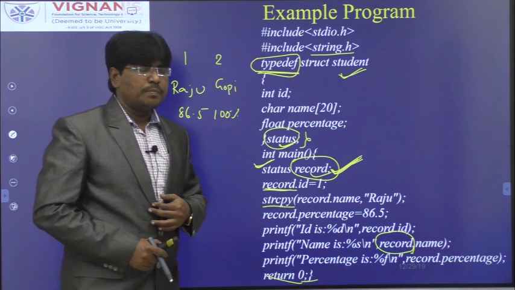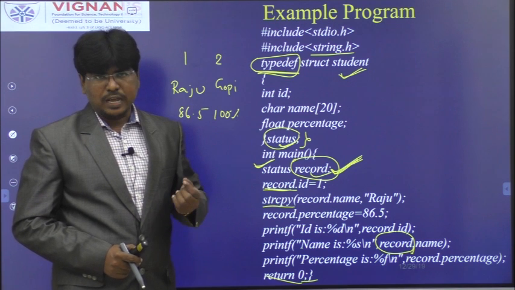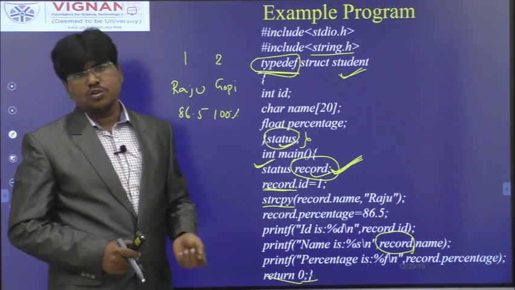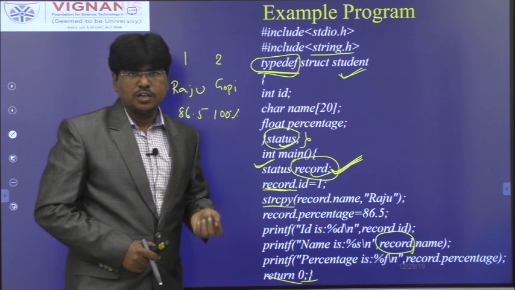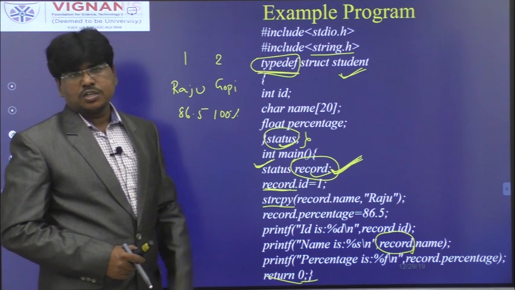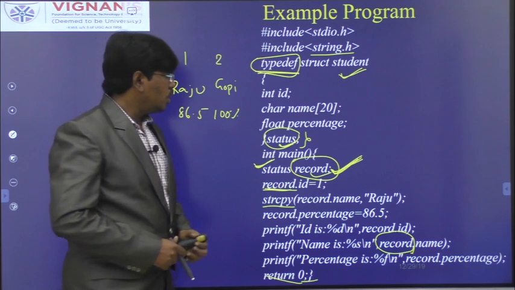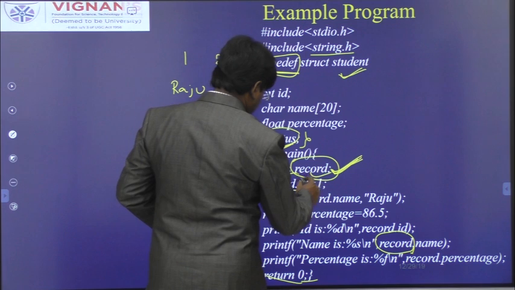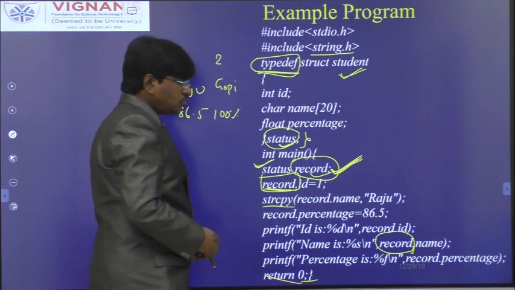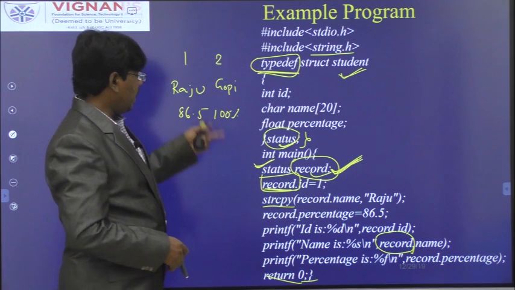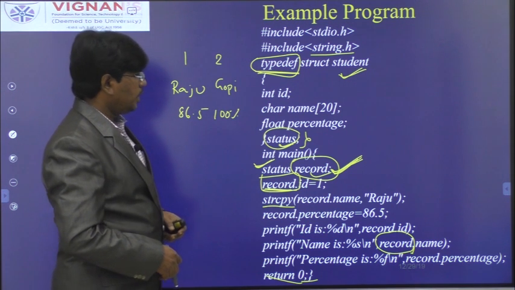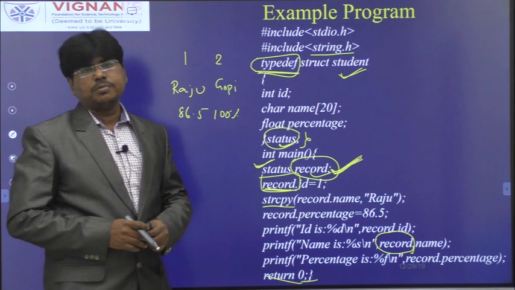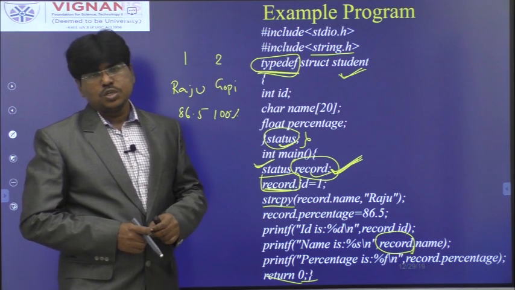So you have to use typedef, and by applying it to your structure, you have to use struct, and then the structure name and structure variable name. Okay, like that you have to update, and throughout the program that will be the alias name for that particular structure. So in this way the type definition will be used with structures. So this is the relationship between type definition and structures.